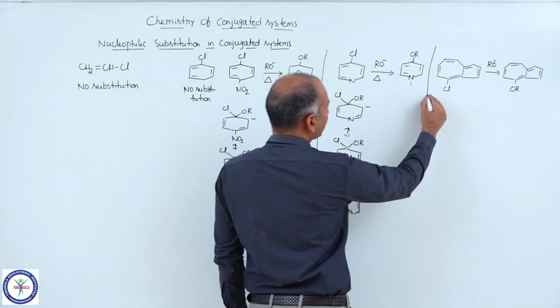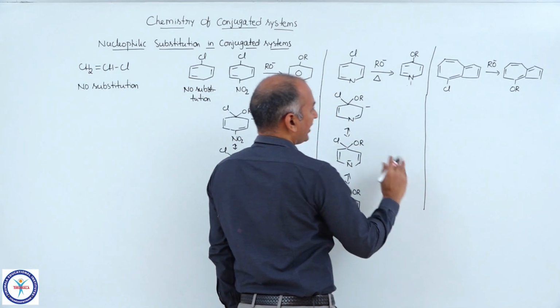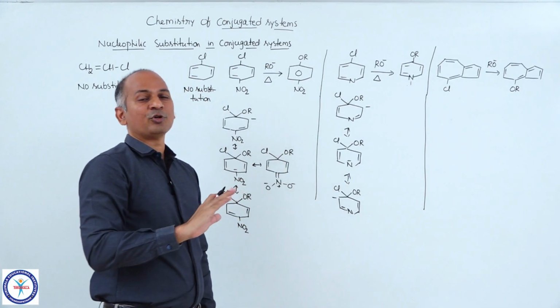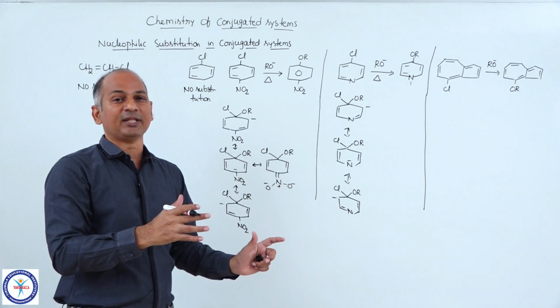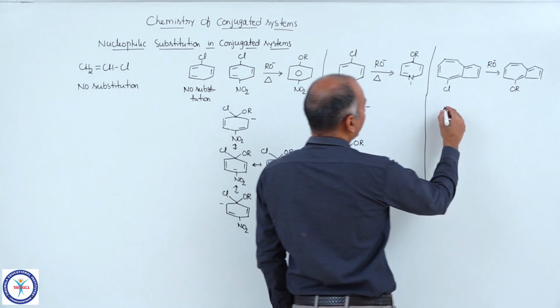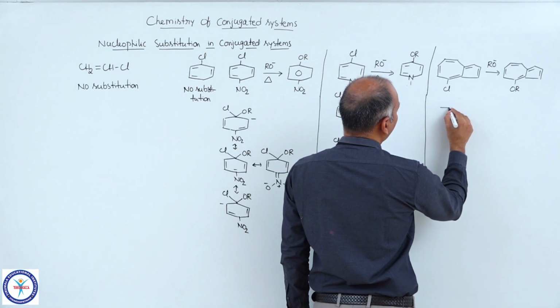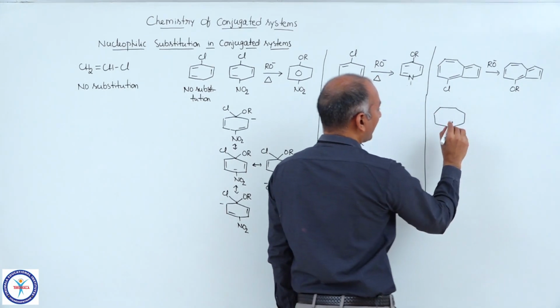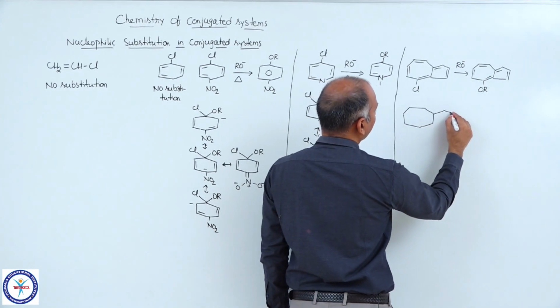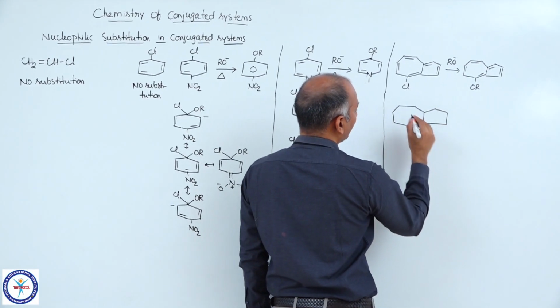If you come to the case of azulene, there is no electron withdrawing group there. There is no nitrogen, there is no NO2, but still nucleophilic aromatic substitution is possible there. And that is because of the stability of the intermediate. One thing here, all of you please recall, if you see one of the resonating structures of azulene, first let me tell you that.